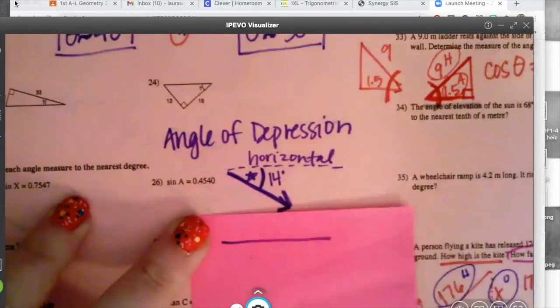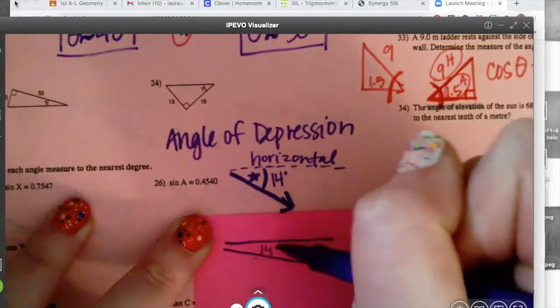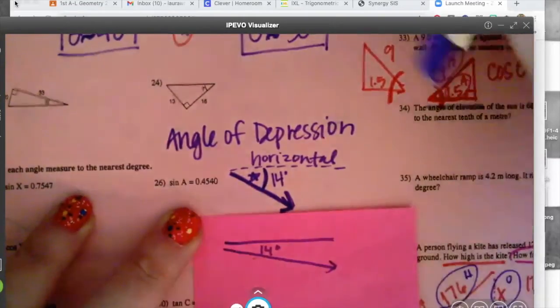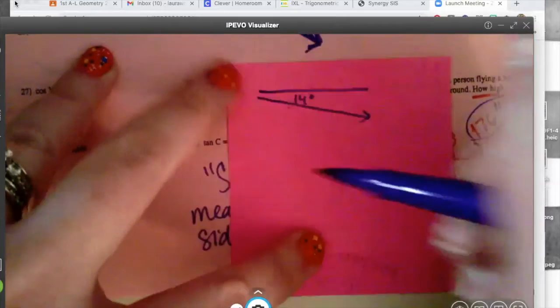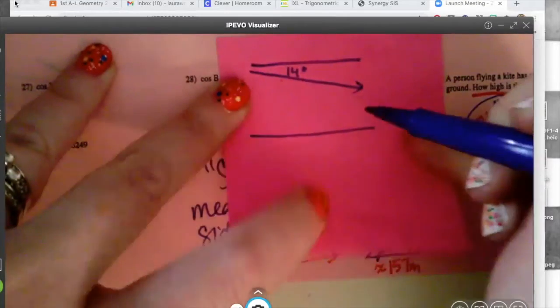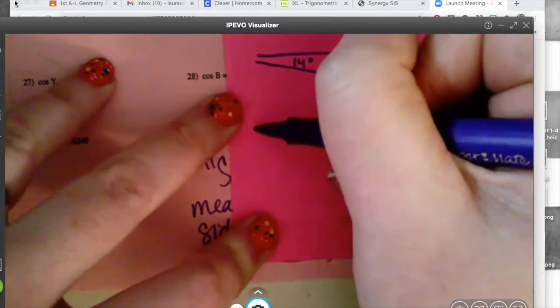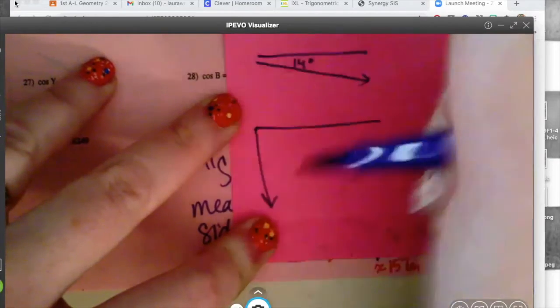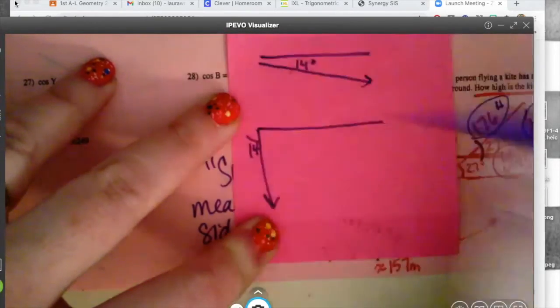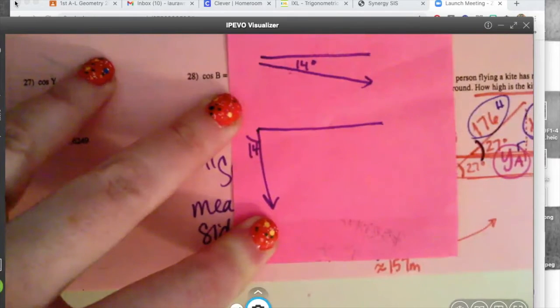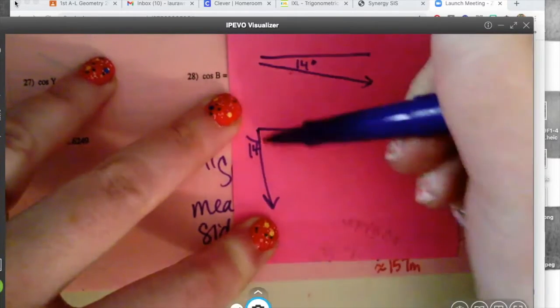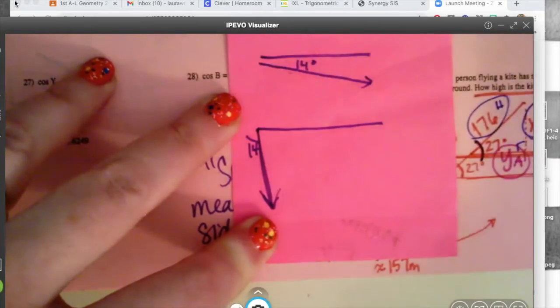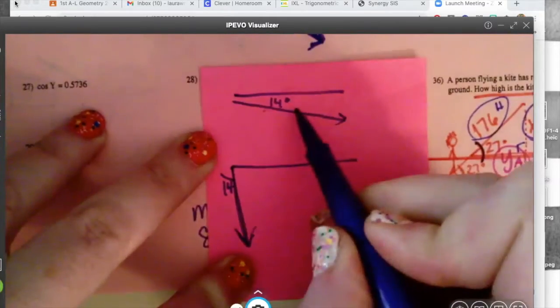If I have a choice for my plane to go at a 14-degree angle like this from where it's flying, or my plane could go 14 degrees this way, I know which one I'm going to pick, don't you? We're going to pick the one that puts us on the ground safely. It's not this super steep decline, all right? It's going to be this one.